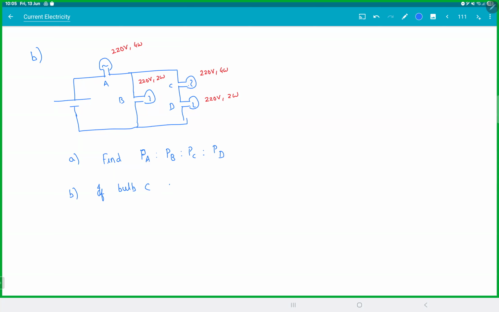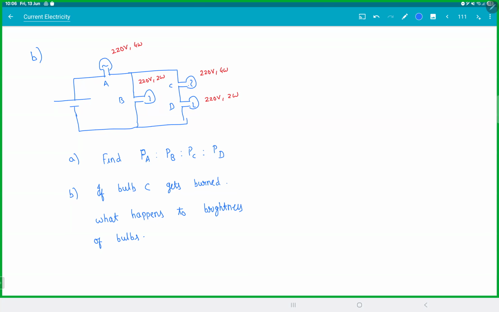And if bulb C gets shorted, what happens to the brightness of A and B? Or gets burned, or whatever you want to call it.